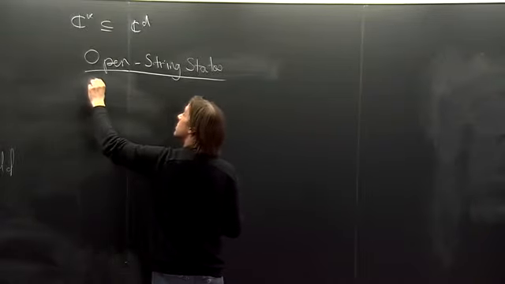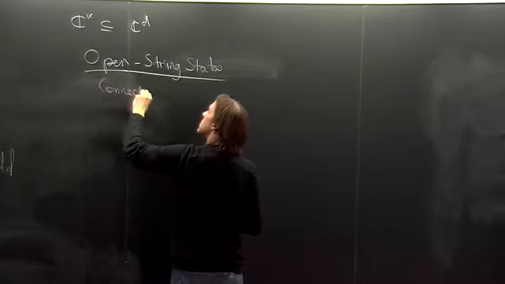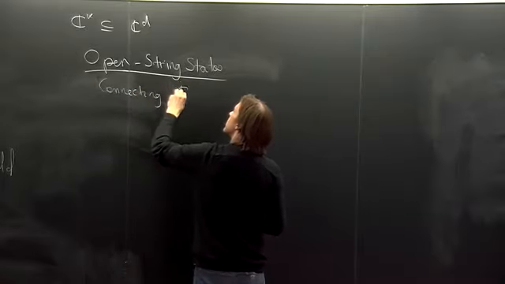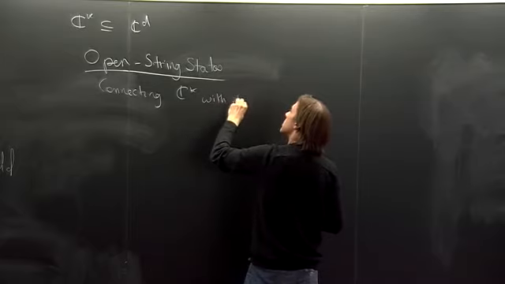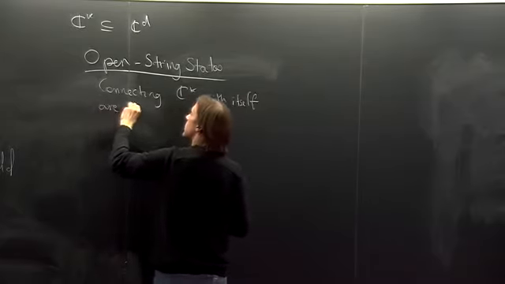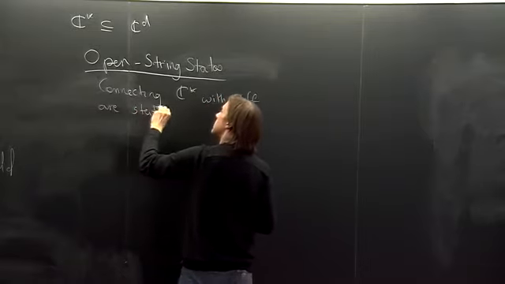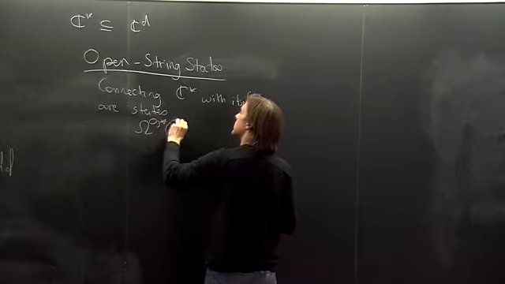The states connecting C^k with itself are the states of the Dolbeault complex of C^k.